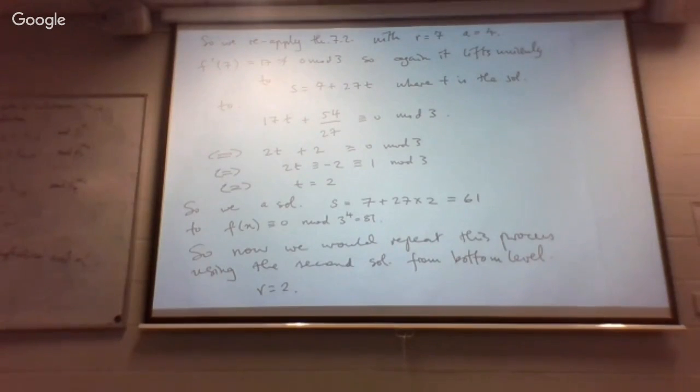We didn't quite have time to do that today. But you lift that in the same way, following the decision procedure here, and moving one power up all the time until eventually you get to p to the whatever the top is.